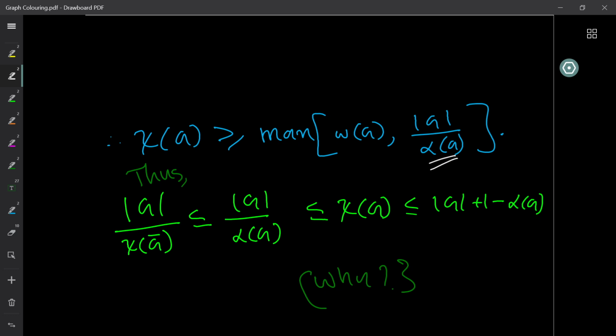Now from this one can show, and I want you to think about it and prove it, that the number of vertices divided by the chromatic number of G complement is less than or equal to n by alpha of G, which is less than or equal to the chromatic number of G, which is less than or equal to n plus 1 minus alpha of G. Okay, so these inequalities I want you to prove.